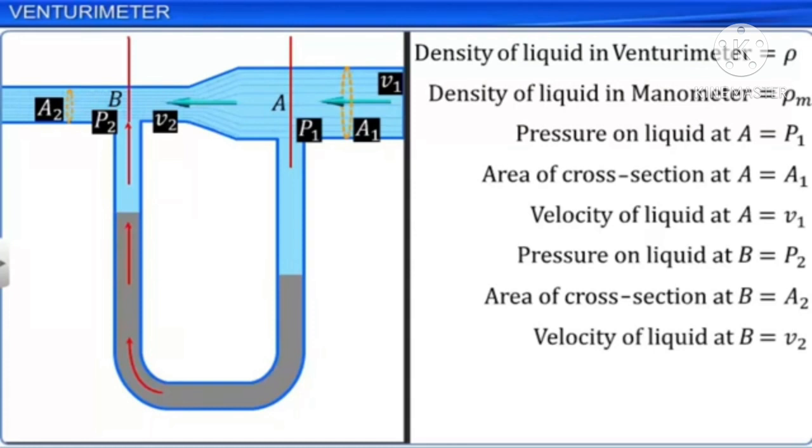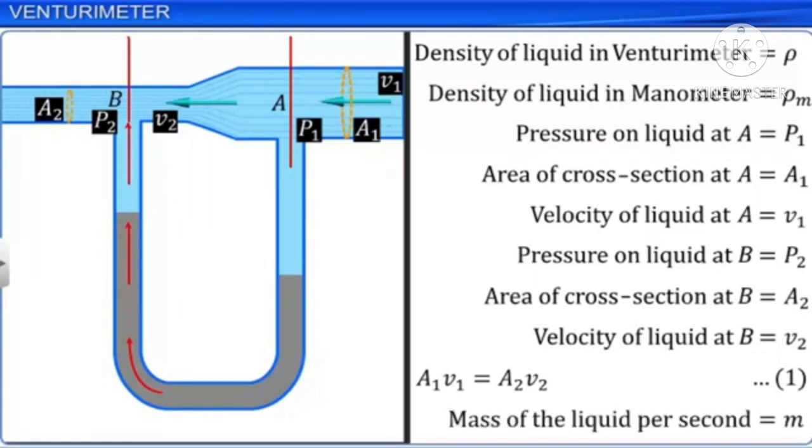According to the equation of continuity, the total mass of the liquid going into the tube through any cross-section in a given time interval should be equal to the total mass coming out of the tube from any other cross-section in the same time interval. Let m be the mass of the liquid element crossing per second through any section of the tube.